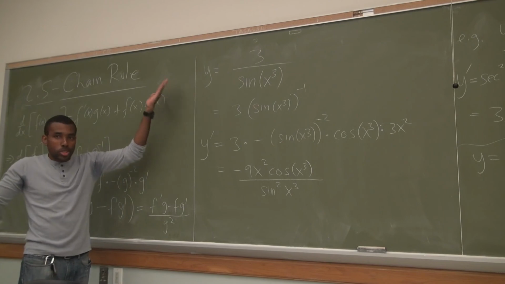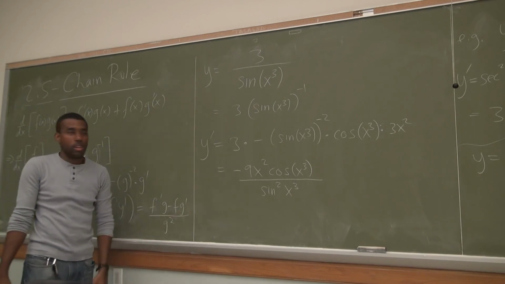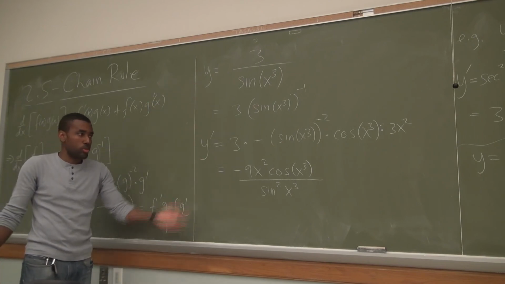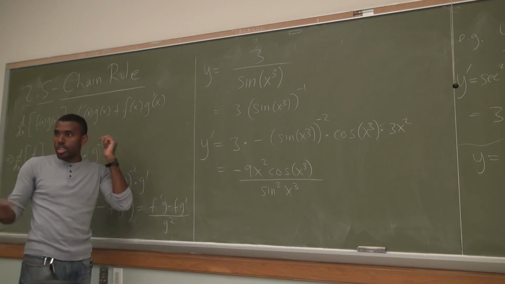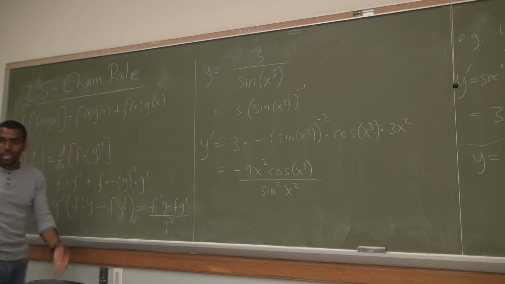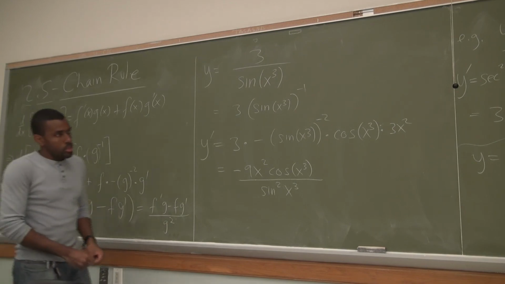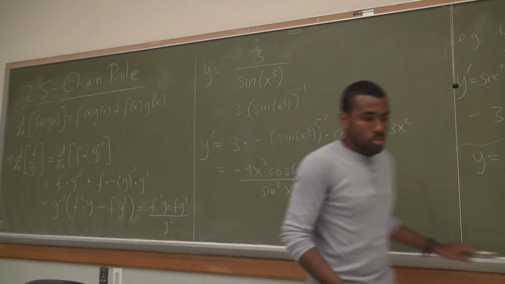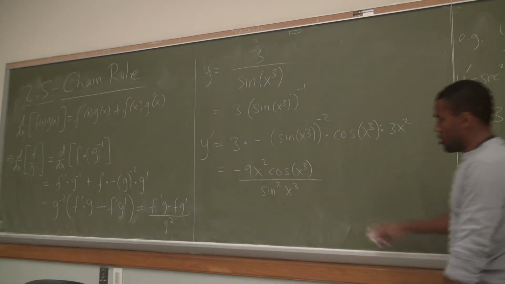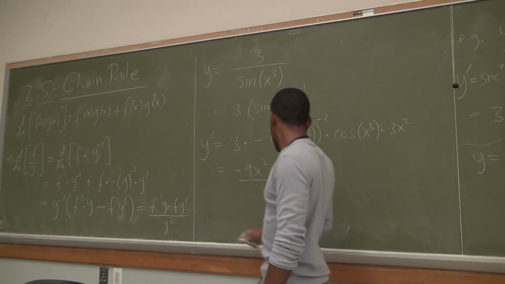If you like the quotient rule, you do that. If you prefer using the product and the chain rule, you can do it this way. Just showing you that now you have options. Because really, the quotient rule is just applying the product and the chain rule at the same time.